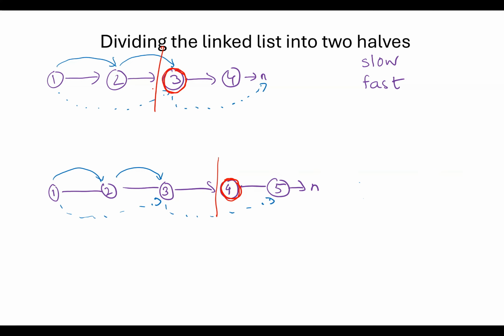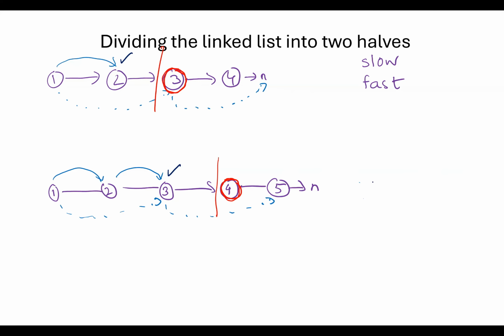So in both of these cases, why don't we just stop when the slow pointer is here, and we stop when the slow pointer is here.